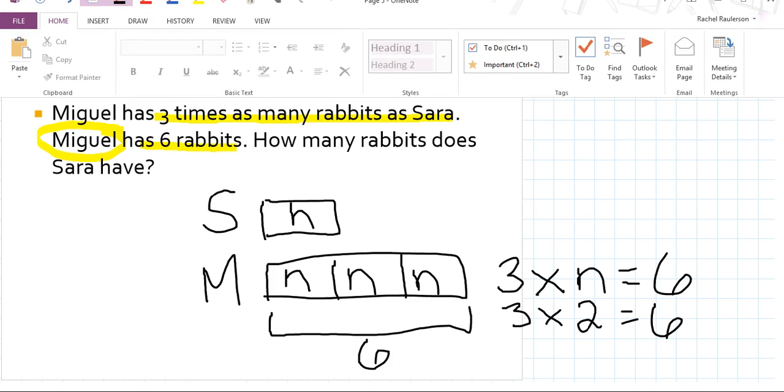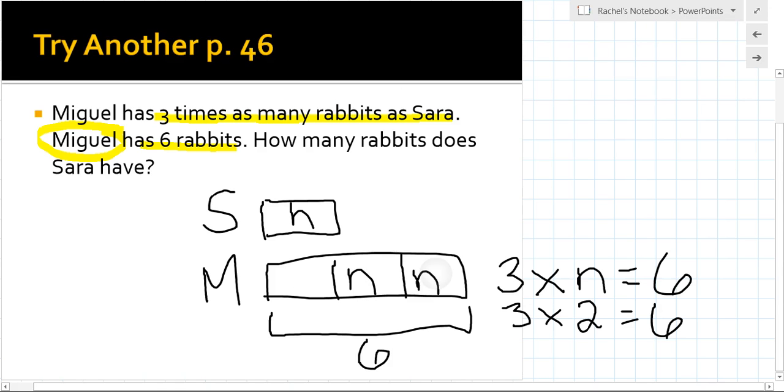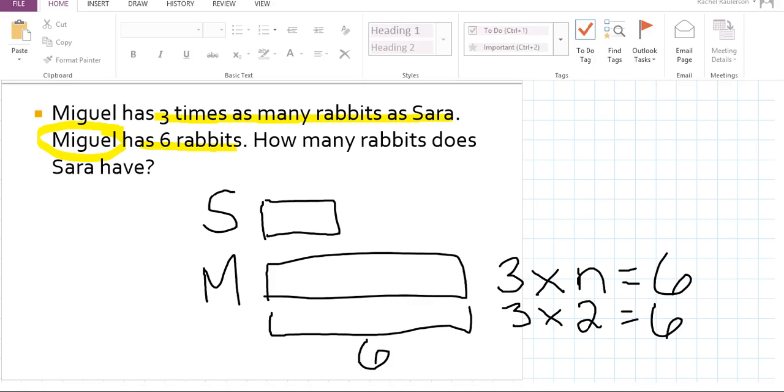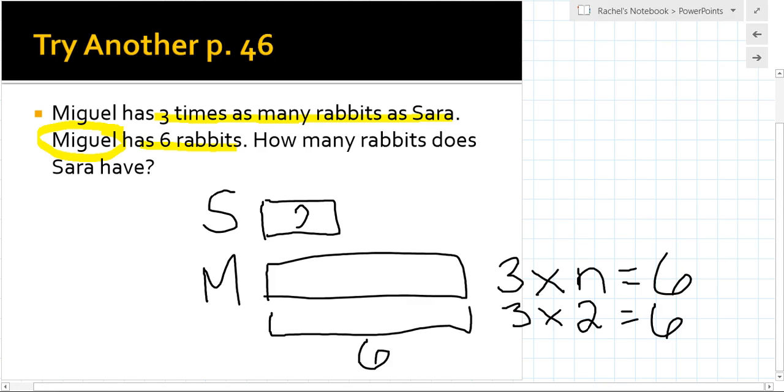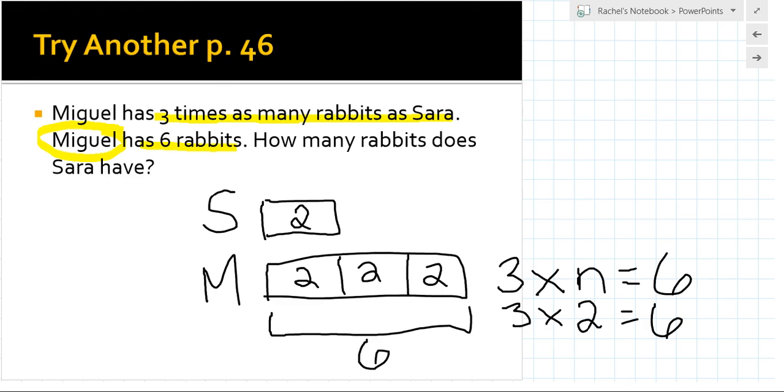So students need to go back into the model and replace their n with the number 2. So Sarah has 2, Miguel has 6, as it says in the story, and so the unknown is our answer here. Sarah has 2 rabbits.